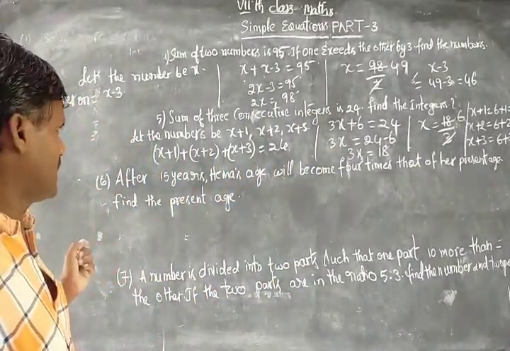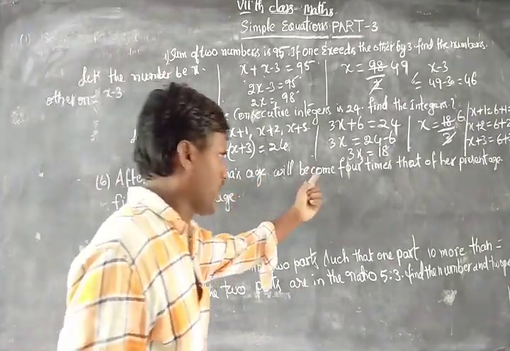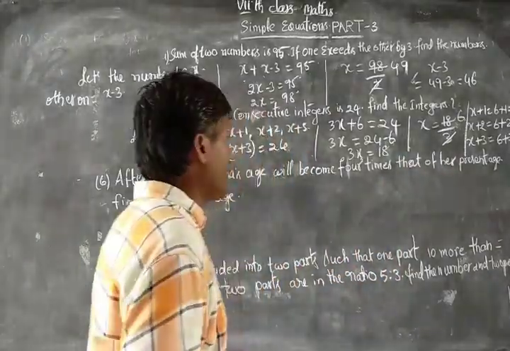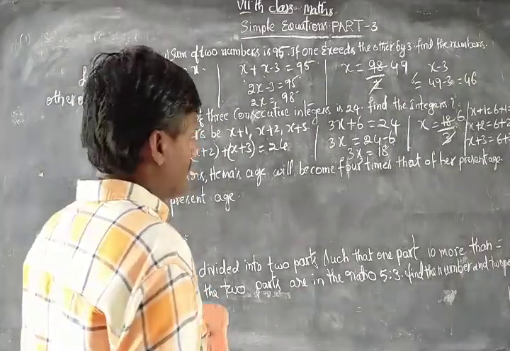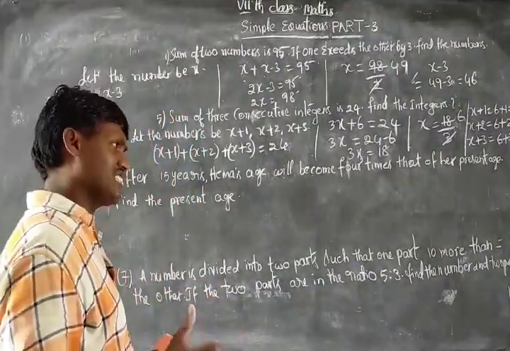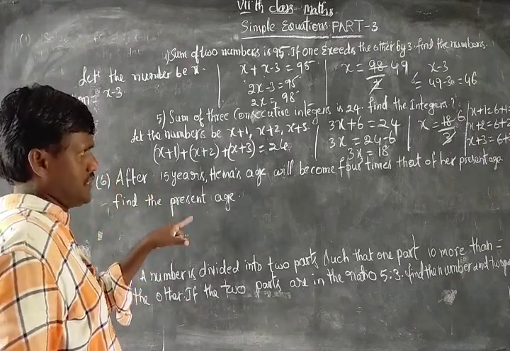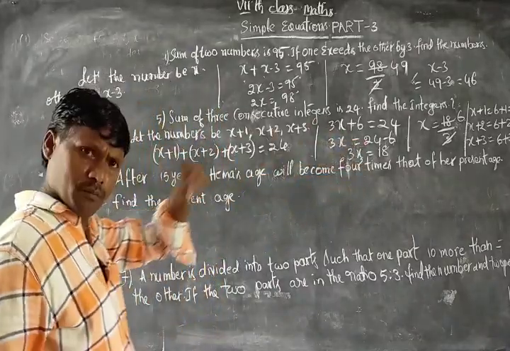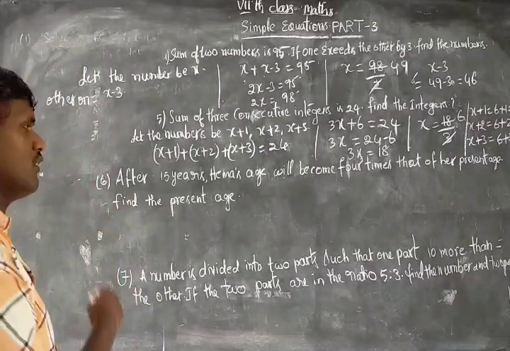We don't know her present age, but he gave a small clue: 15 years later, Hannah's age is 4 times her present age. By using that rule, we have to solve it.